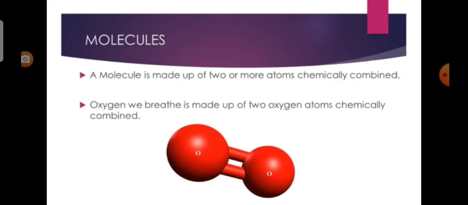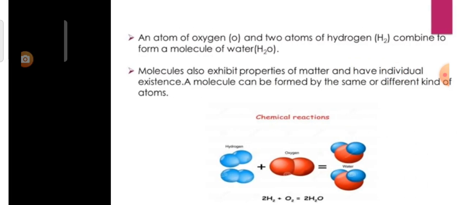Molecules. A molecule is made up of two or more atoms chemically combined. Oxygen gas in the air that we breathe is made up of two oxygen atoms chemically combined. That is, oxygen plus oxygen equals O2.